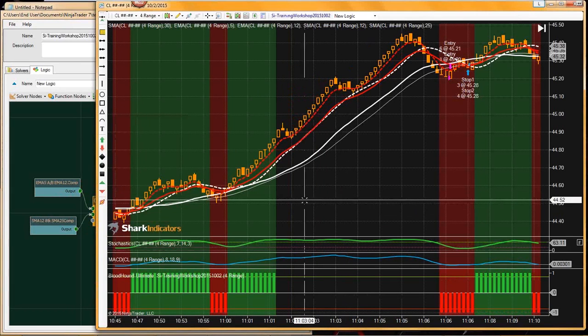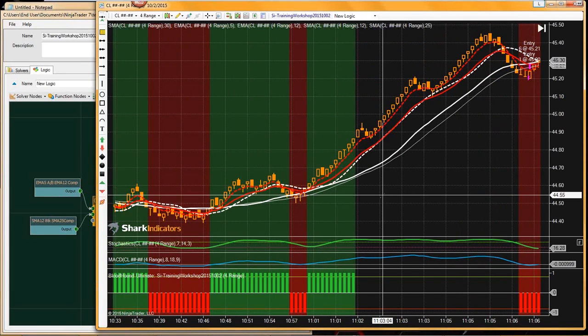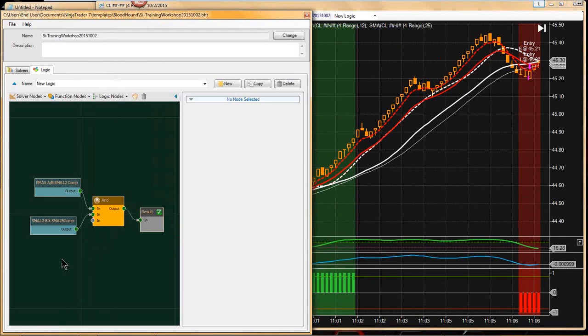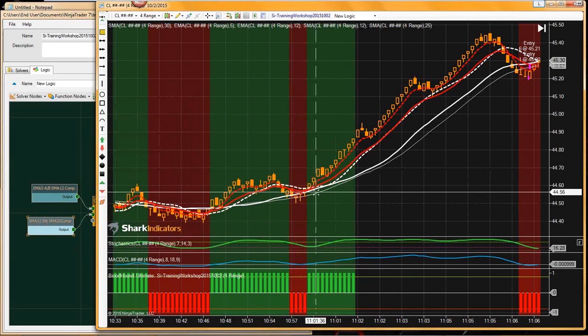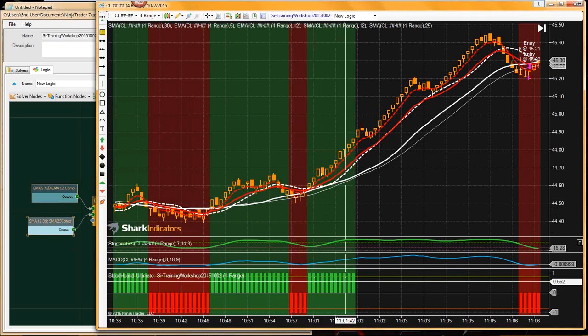What we're seeing right now is what direction the two EMAs are crossed in, and when our SMAs are within a certain distance of each other. And we get a direction on that.